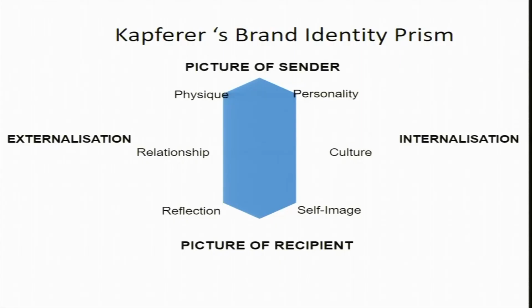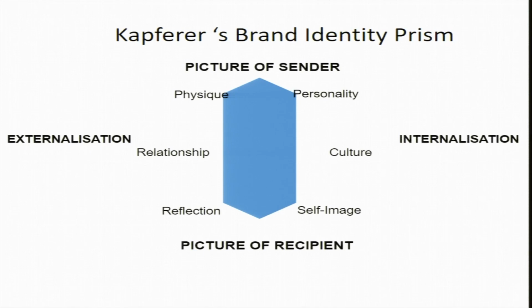These things come under internalization, whereas on the other side you have externalization. What is externalization? This is how brands are perceived by consumers, how they appear in the marketplace. So, that is externalization. Now, let us come to the 6 sides of the prism.